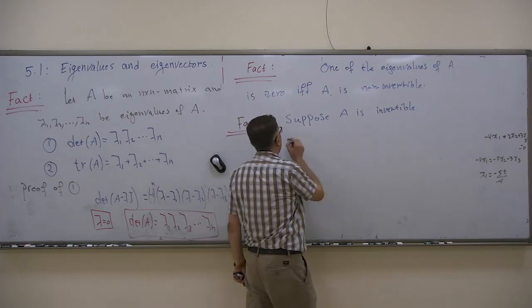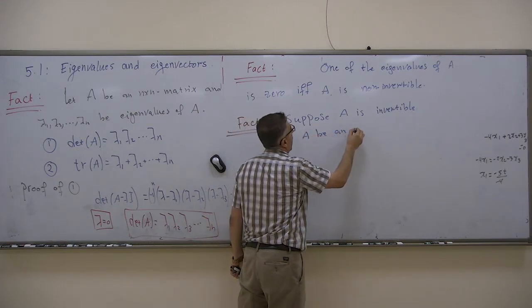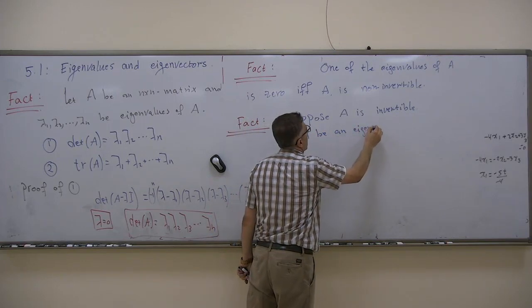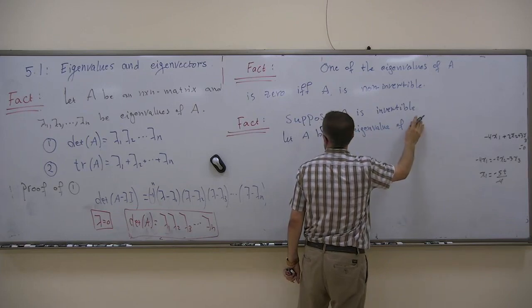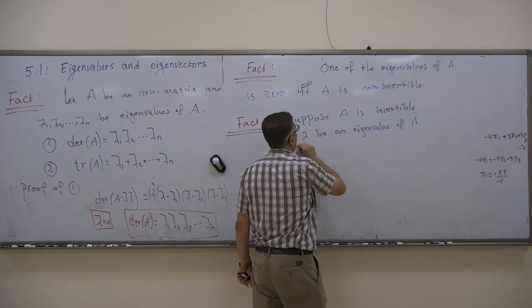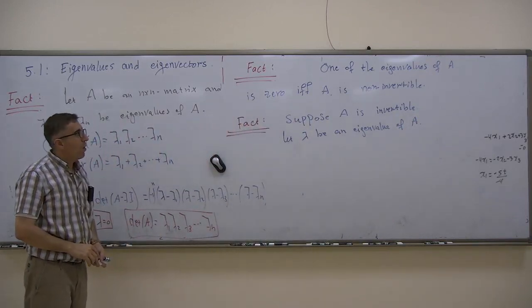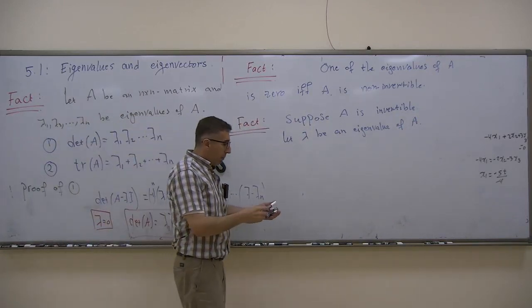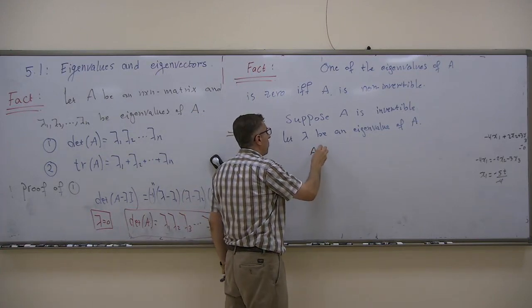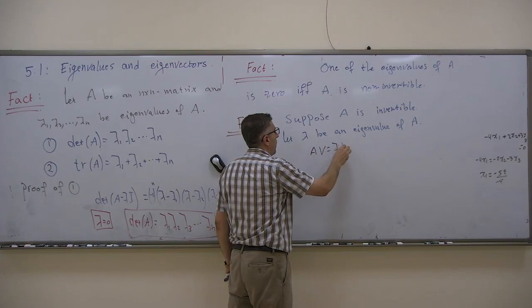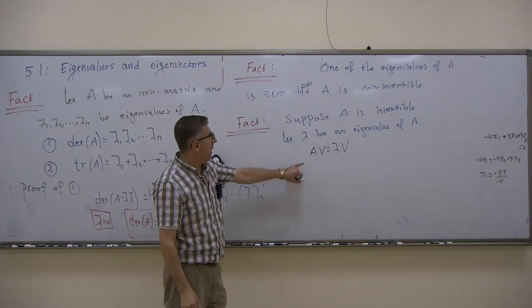Now, let lambda be an eigenvalue of A. So this means A V equals lambda V for some eigenvector V of A. Now, A is invertible.